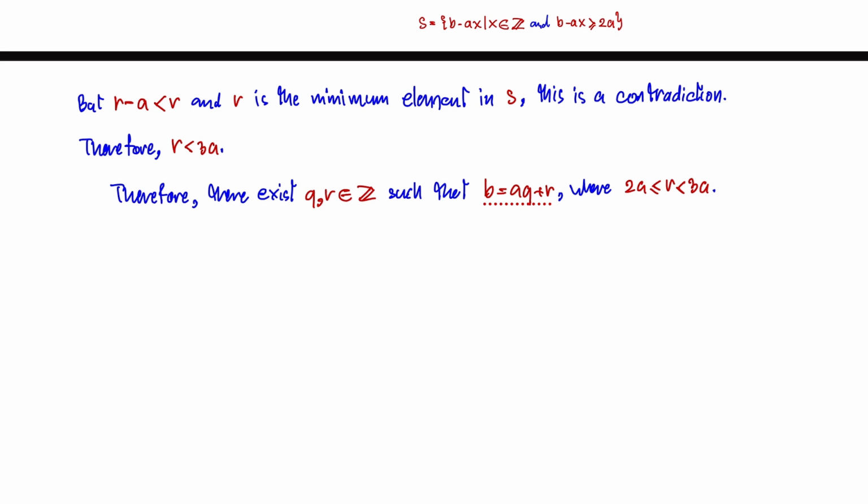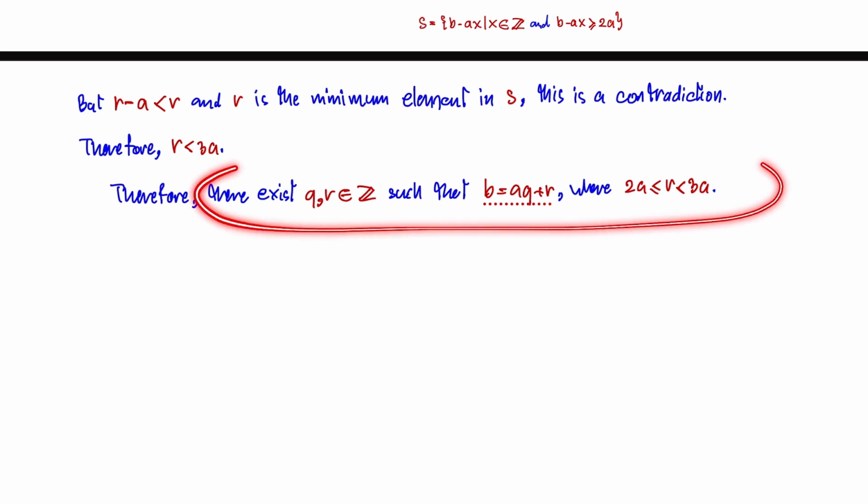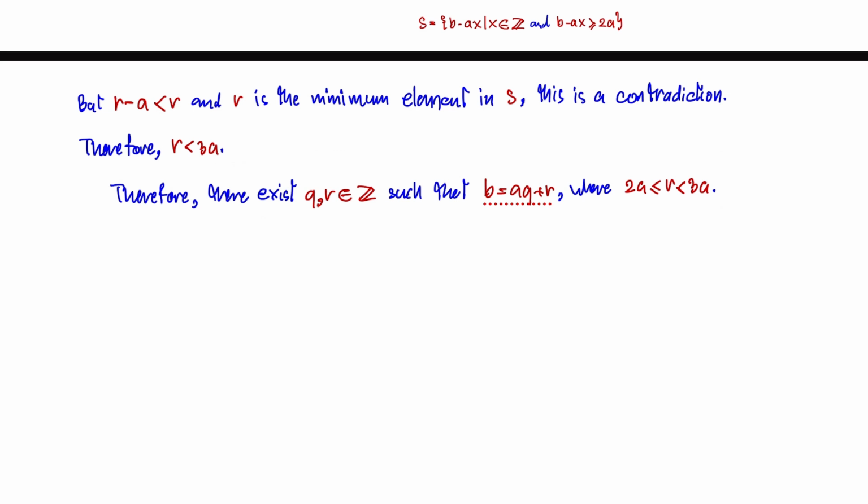So, we have existence of Q and R already, and we have R greater than or equal to 2A and less than 3A. The next thing that I want to do is to show that Q and R are unique.